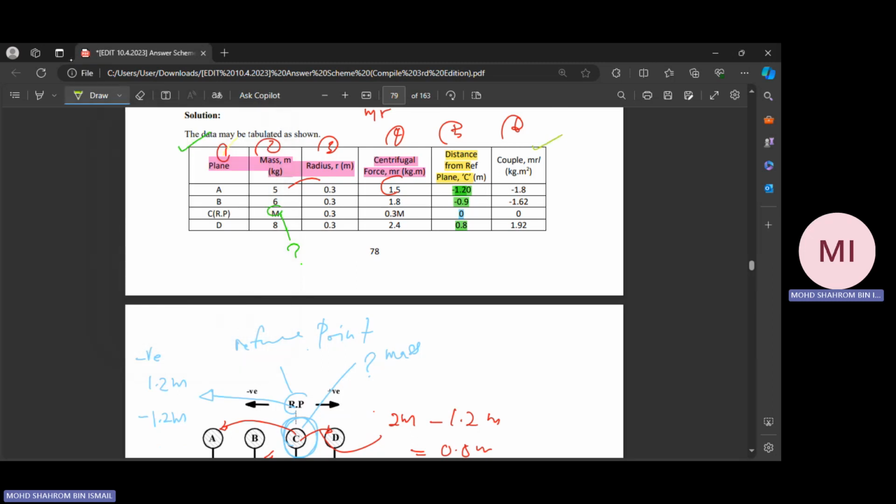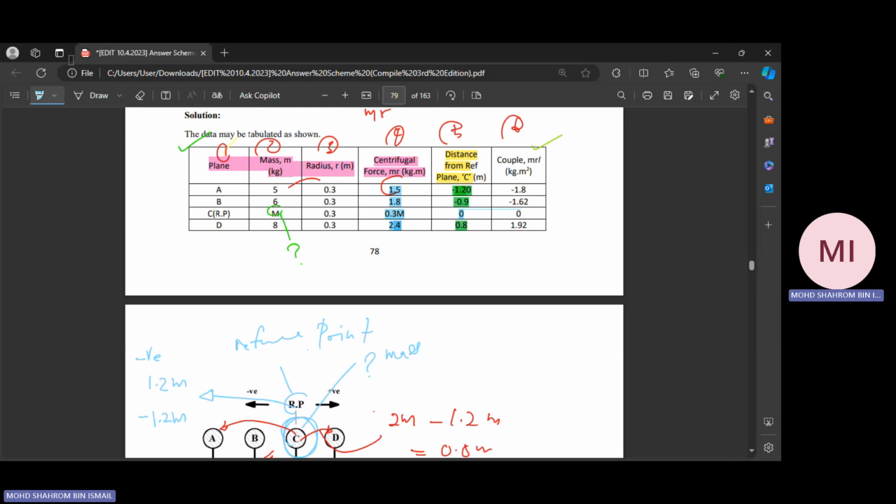The 6th column is just a value where you multiply m r multiplied by l. mr multiplied by l, and then mr multiplied by l.